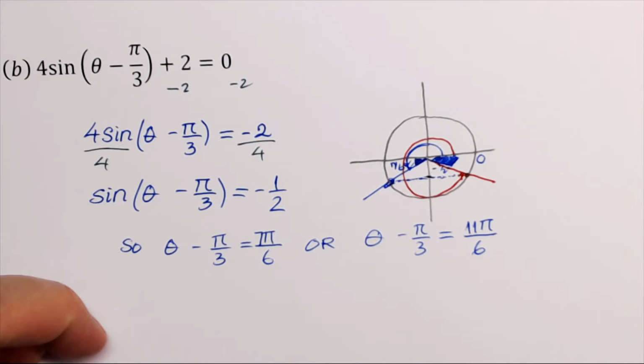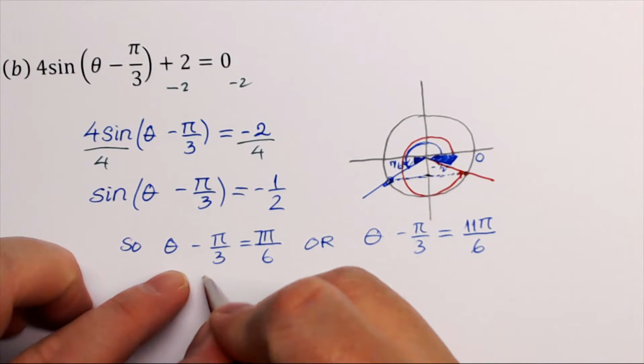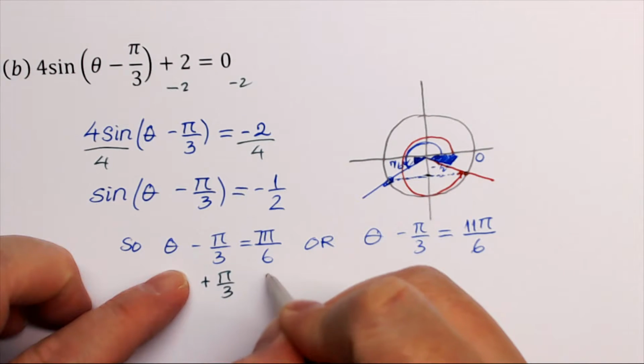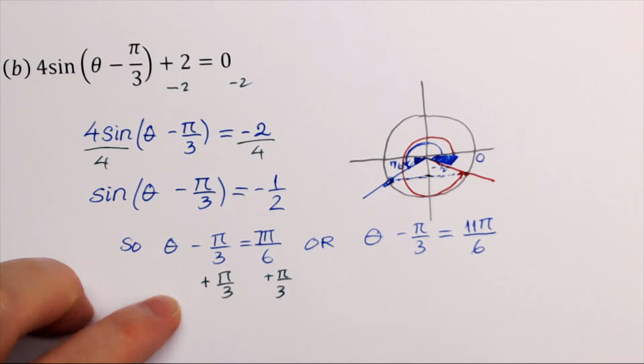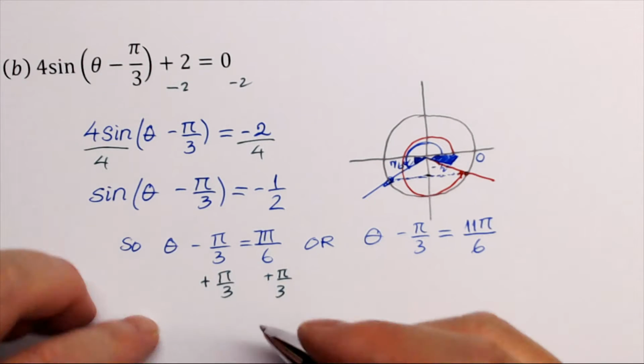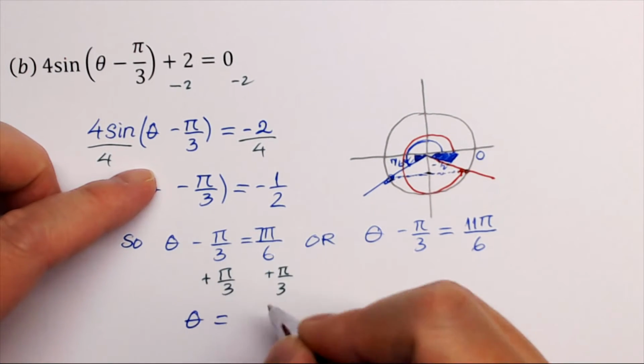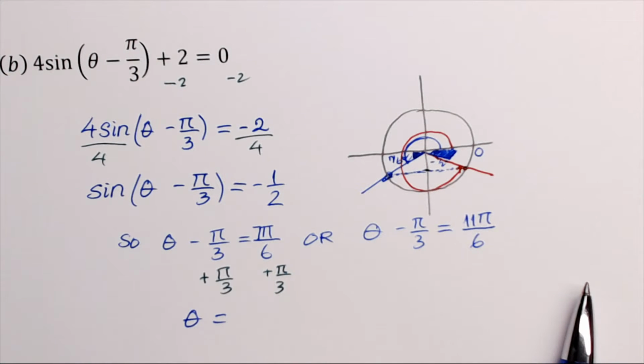And then to solve for theta, we just add pi over 3 on both sides. So theta is 7 pi over 6 plus pi over 3. If we use the calculator, then we pretty much ignore the pi, and we just add the numbers, and then we put the pi back to it.